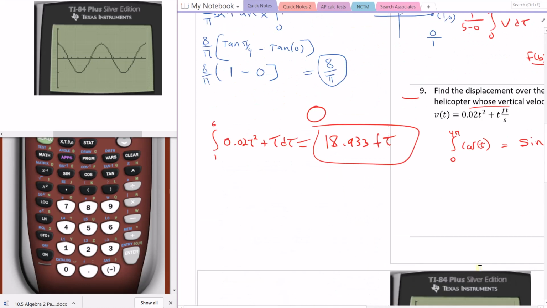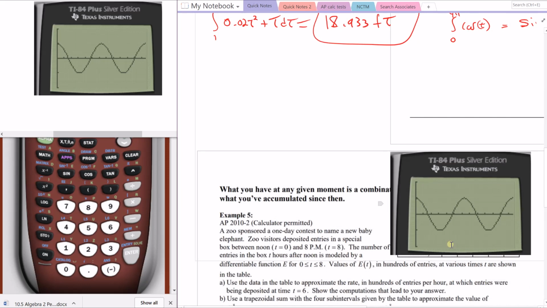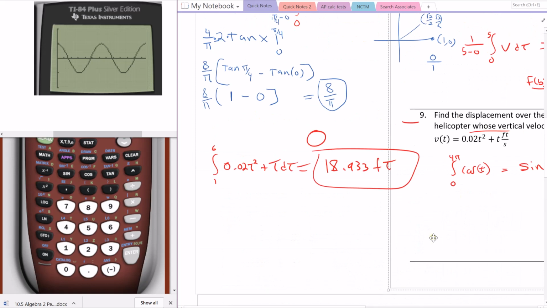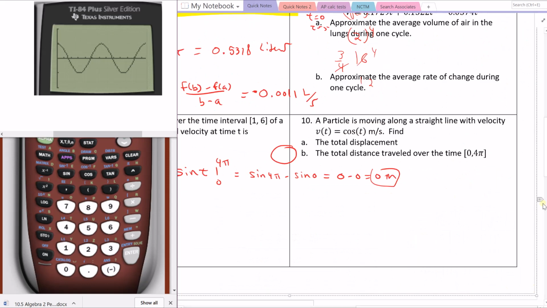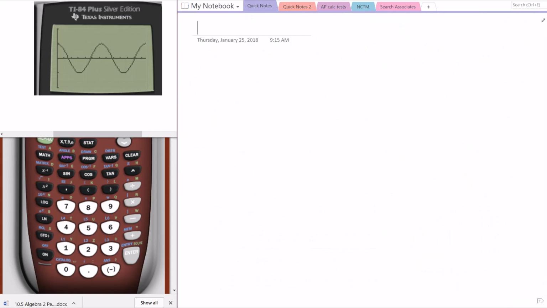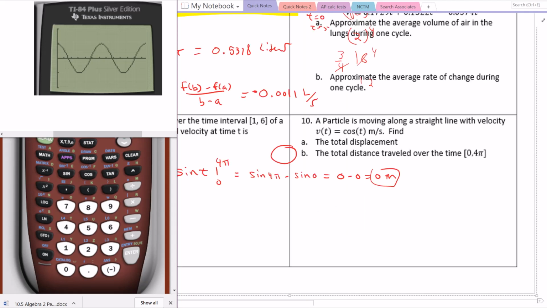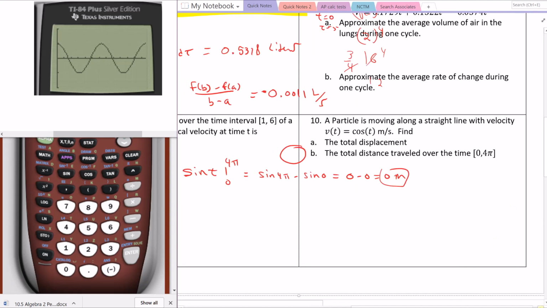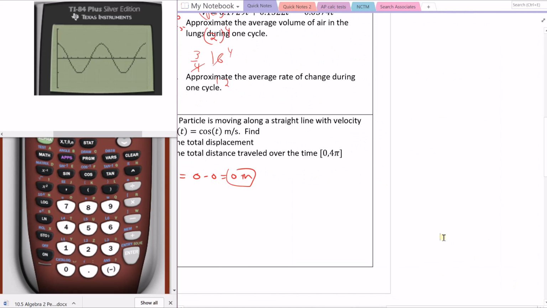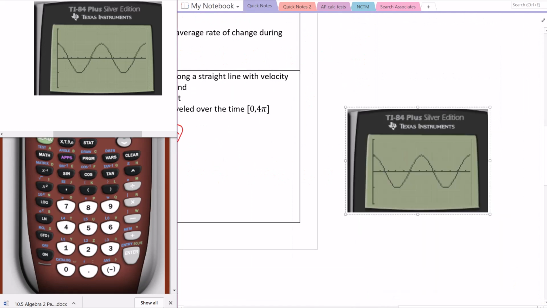What I want to show you is that if I took all my positive areas, which I'm doing in yellow here, and added them with all my negative areas, I would get 0.